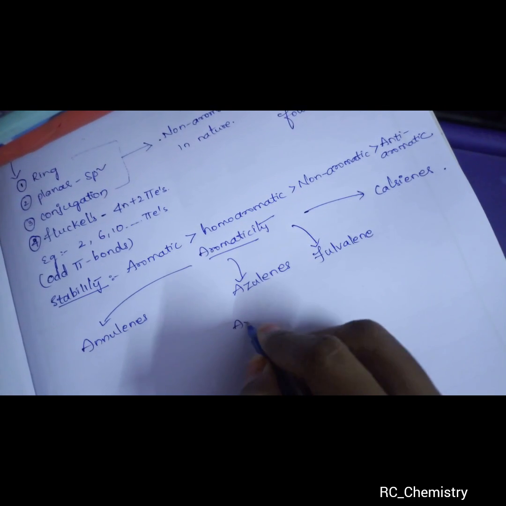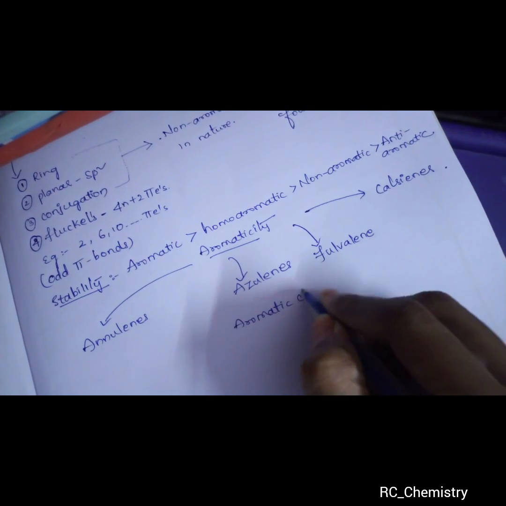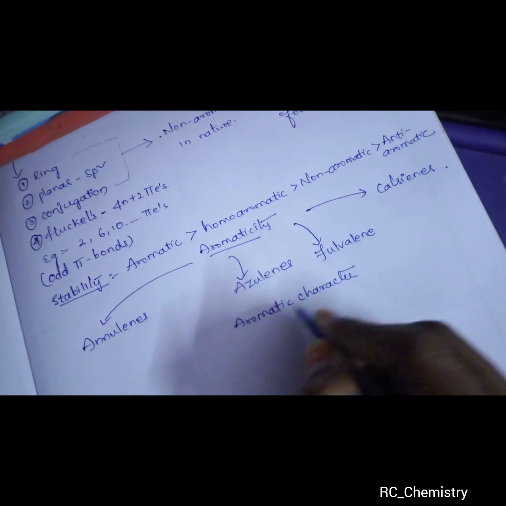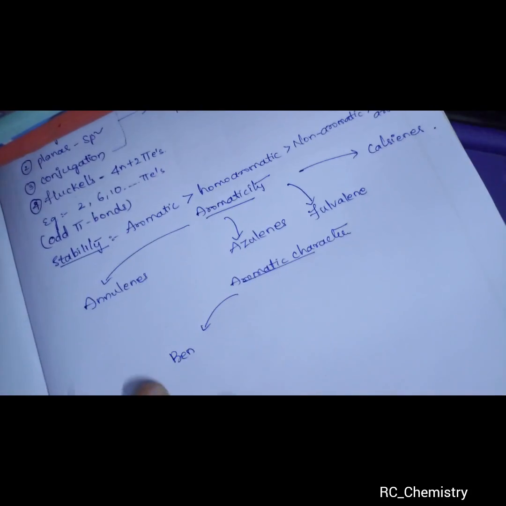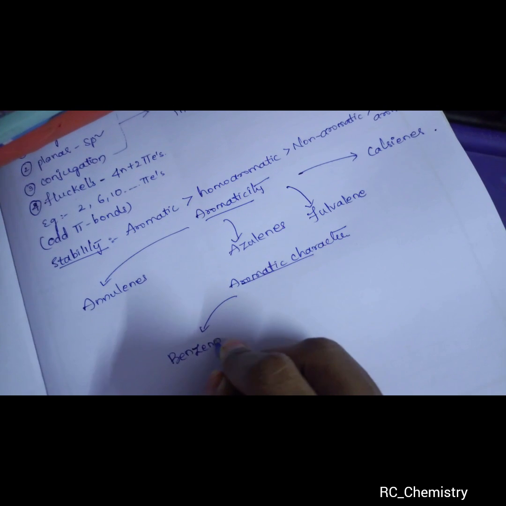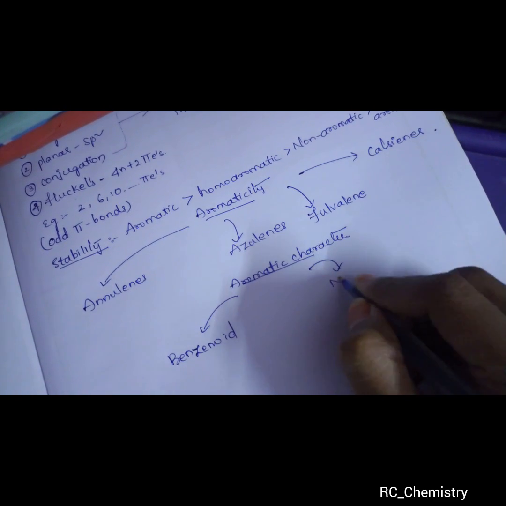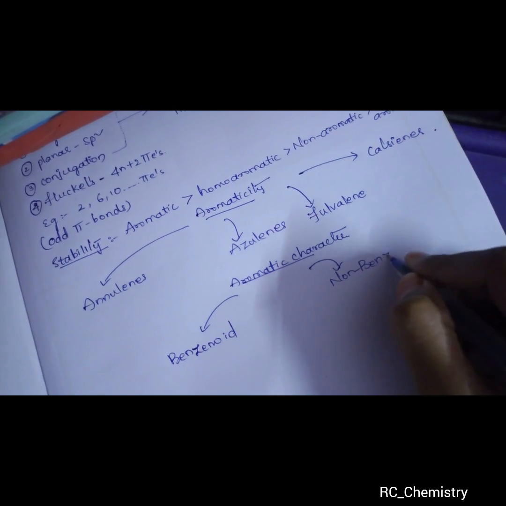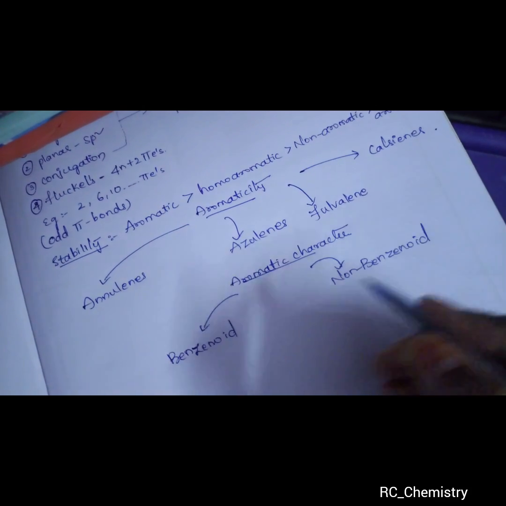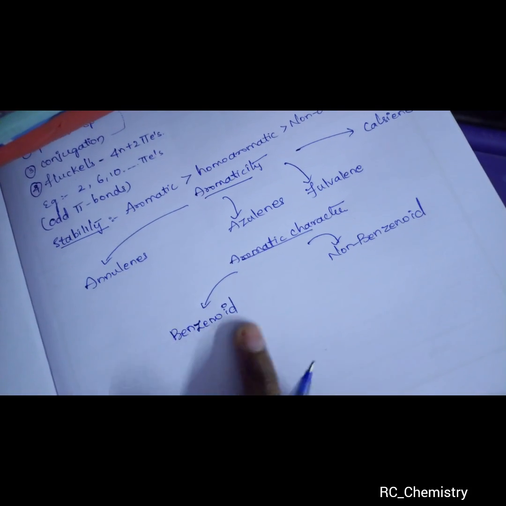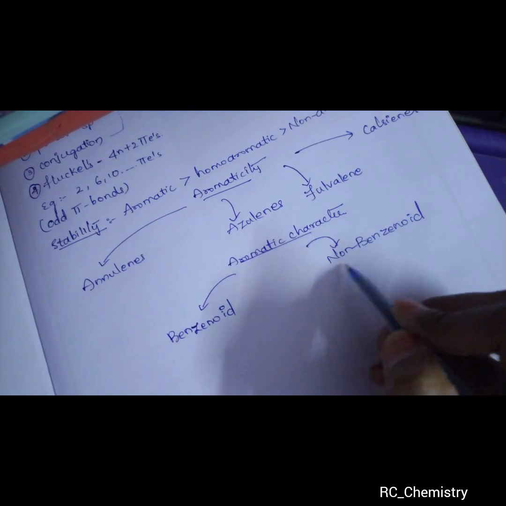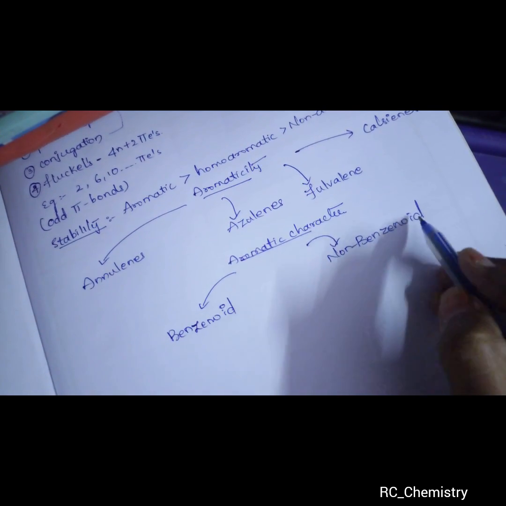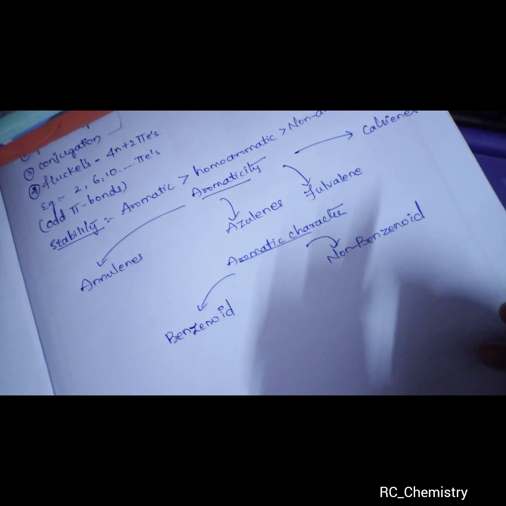And then we can check the aromatic character in 2 different types of compounds: benzenoid compounds as well as non-benzenoid compounds. The ring which contains the benzene nucleus is said to be a benzenoid compound, whereas compounds which do not consist of the benzene nucleus are considered non-benzenoid compounds.